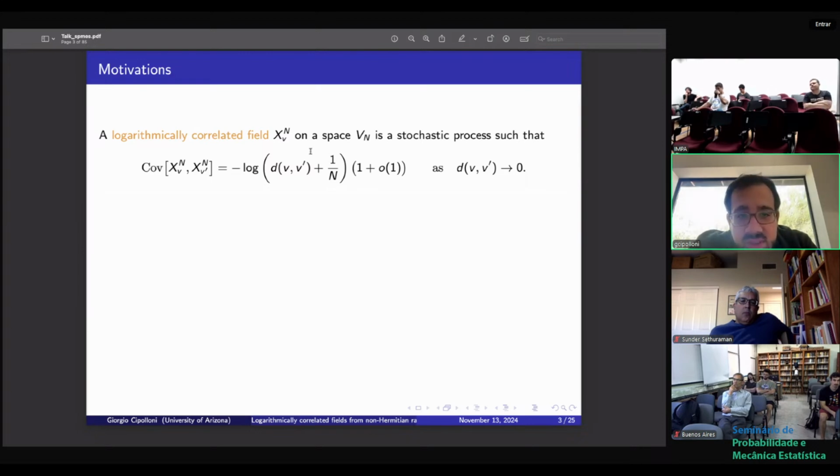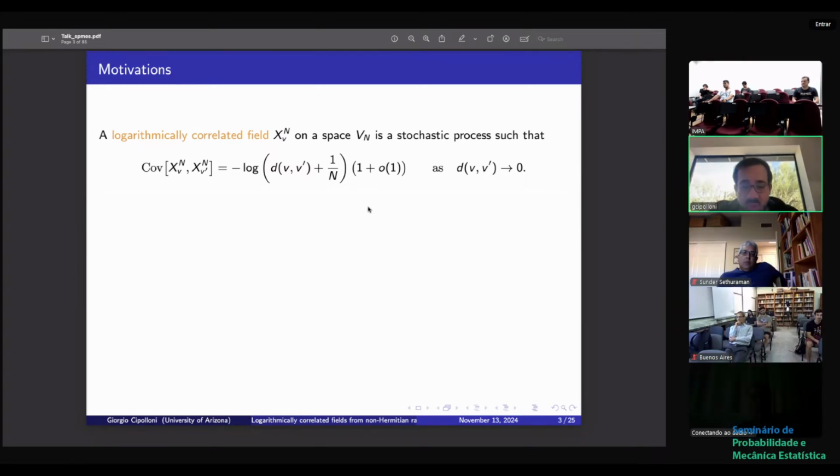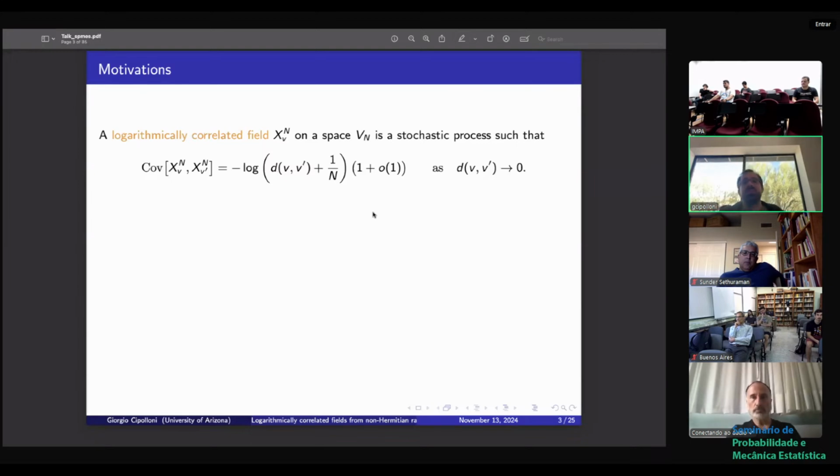And here I put this regularization 1 over n. You can think of n as a large number, but fixed in such a way that everything is defined pointwise, because if I would not put the 1 over n here, then when the distance goes to 0, the variance pointwise would not be defined. So that will be the regularization 1 over n throughout the talk.